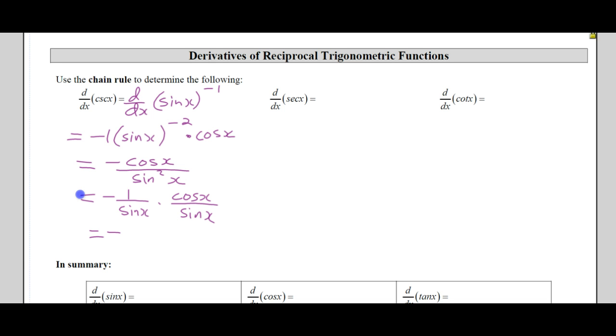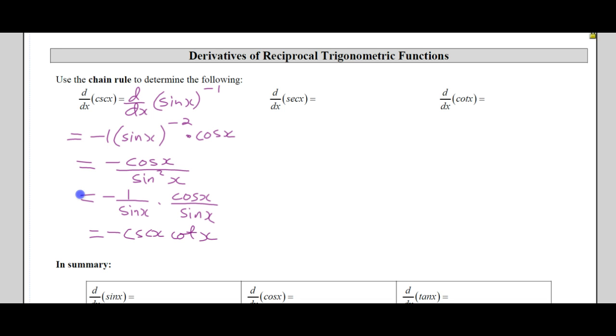And what is cos over sine? Cotangent x. So we have negative cosecant x cotangent x. Okay, so that is the derivative of cosecant.